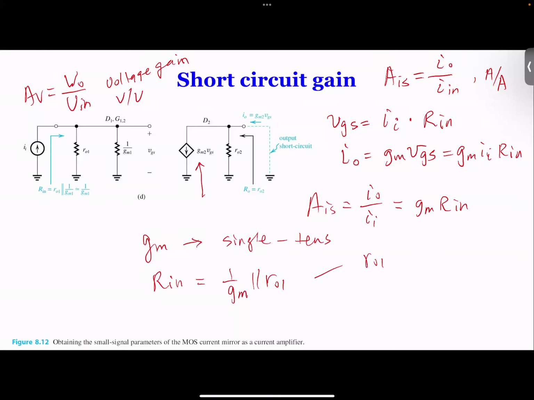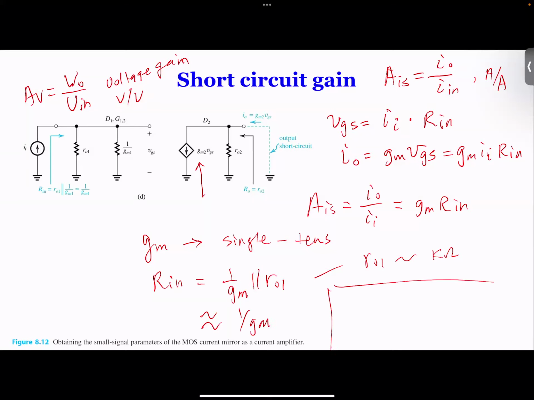Now, RO1 is in kilo ohms, even tens of kilo ohms. But GM is a small number. It's like 1 milliamp per volt, for example, and then the reverse will be like maybe a few hundred ohms. So a few hundred ohms in parallel with a few kilo ohms, a few 10 kilo ohms, basically you can ignore this one. So most of the time, this R in is approximately 1 over GM.